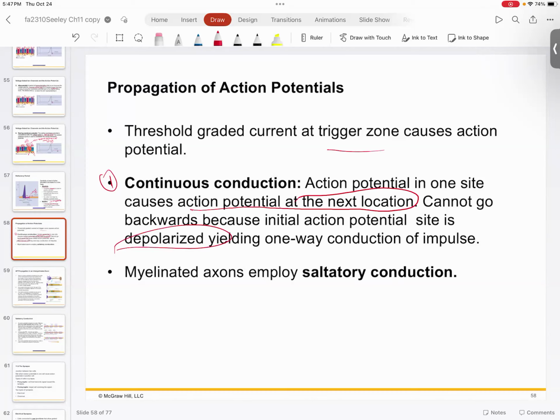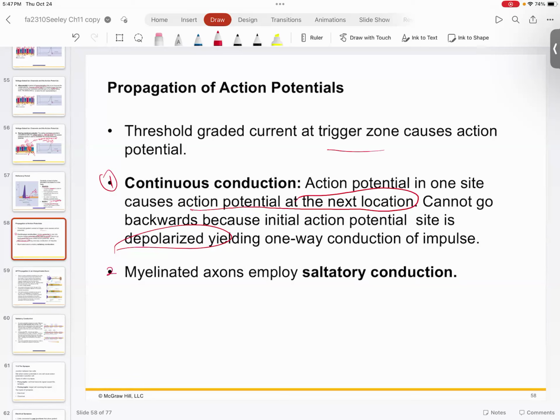The membrane that you just came from is still depolarized. So there's only one way to go, and that's forward. So this is basically the way we've been looking at it. Like, for instance, when you have a graded potential that creates a depolarization, and then that kind of tips over the adjacent domino, which tips over the adjacent domino, which tips over the adjacent domino. That basically is like continuous conduction. It's just rolling from one little section of membrane to the next, to the next.